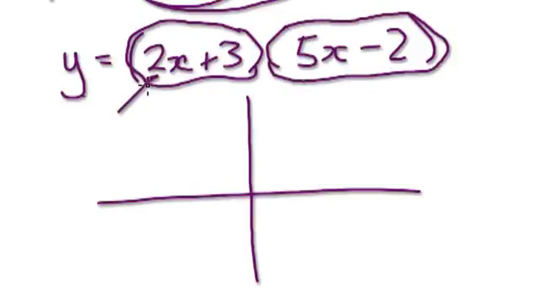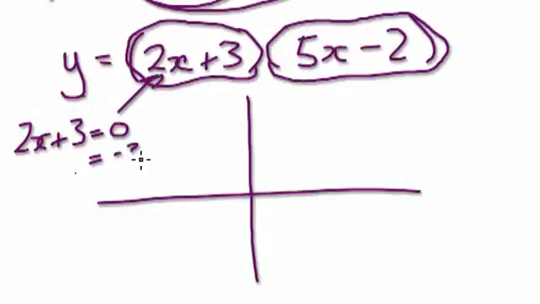So if you make this bubble 0, then y will be 0. So making 2x plus 3 equals 0, take away 3 from both sides so that this will be 2x, and then divide both sides by 2, so minus 3 over 2.